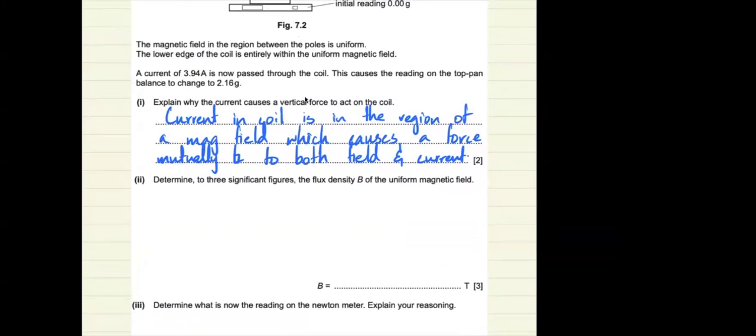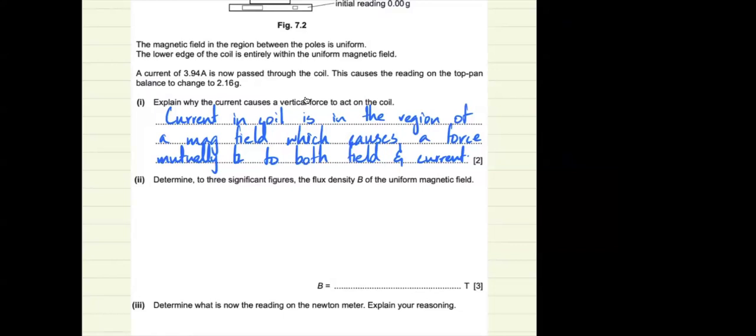Determine to 3 SF the flux density B of the uniform magnetic field. Now, this is what we are supposed to find. So if I think about this, I have F equals BIL, and because this is a coil, it's basically going to be NBIL, and this is really going to be equal to mg, right?